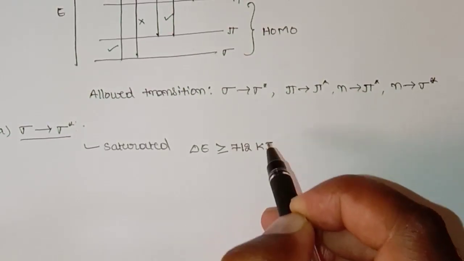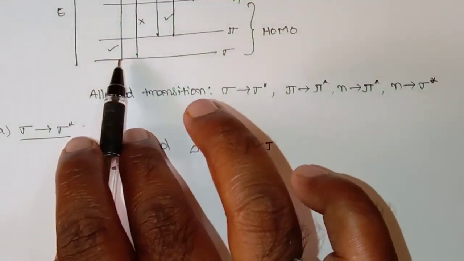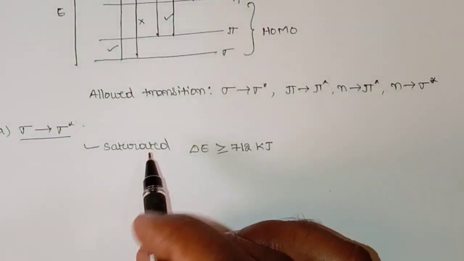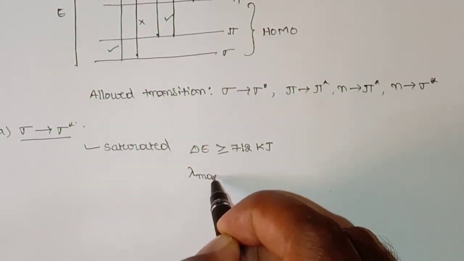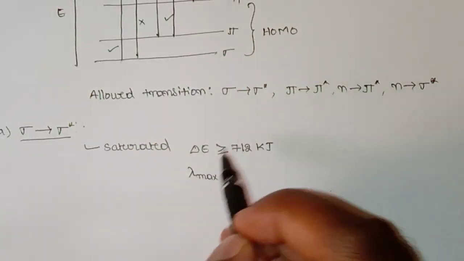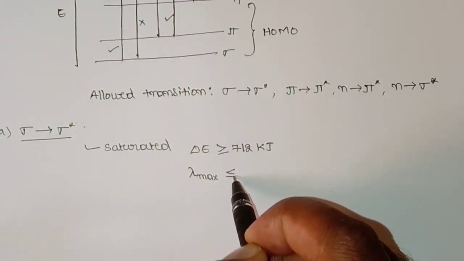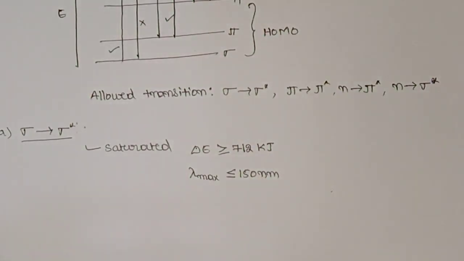This much energy is sufficient to cause a transition between sigma and sigma star. And the maximum absorption of light by the substance for this sigma to sigma star transition will be less than or equal to 150 nanometers. That is for sigma to sigma star transition.